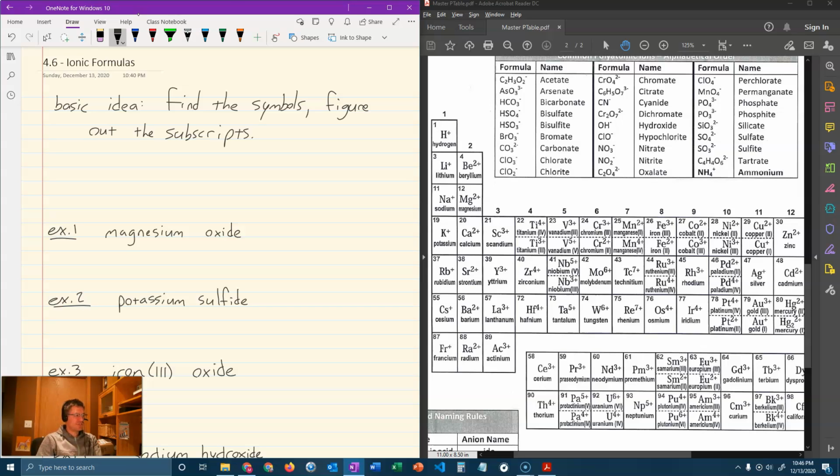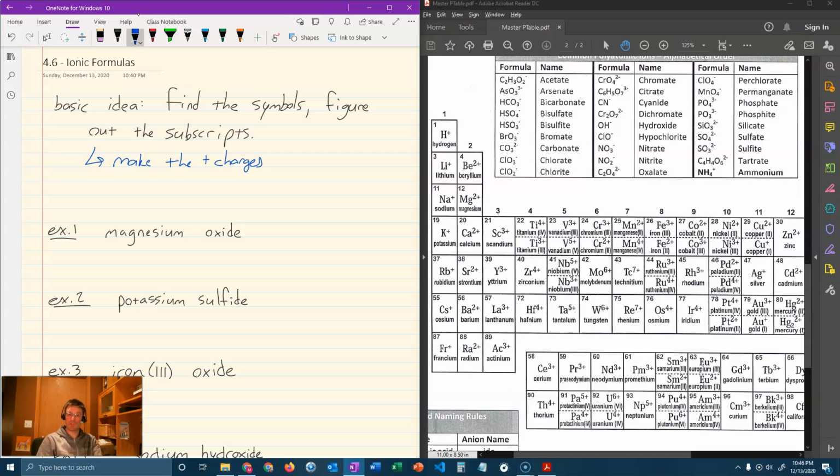What you need to do, and here's kind of the key to figuring out the subscripts, you need to make the positive charges add up to the same as the negative charges. They have to cancel each other out, right? When you touch an ionic compound, like sodium chloride, that's table salt, you do not get electrocuted.